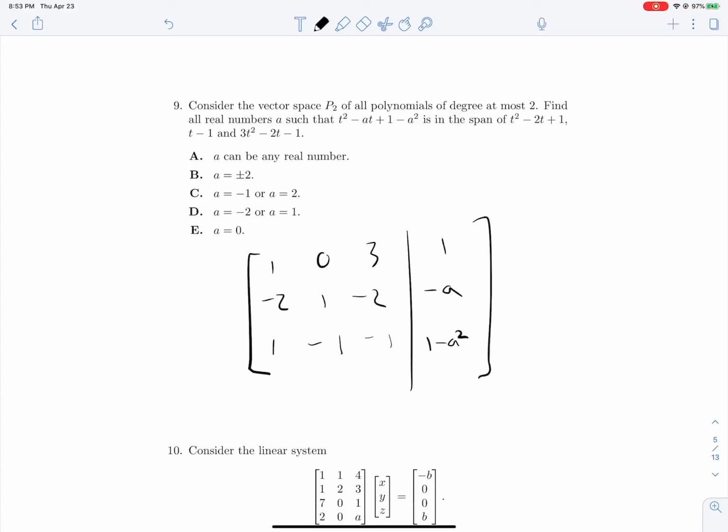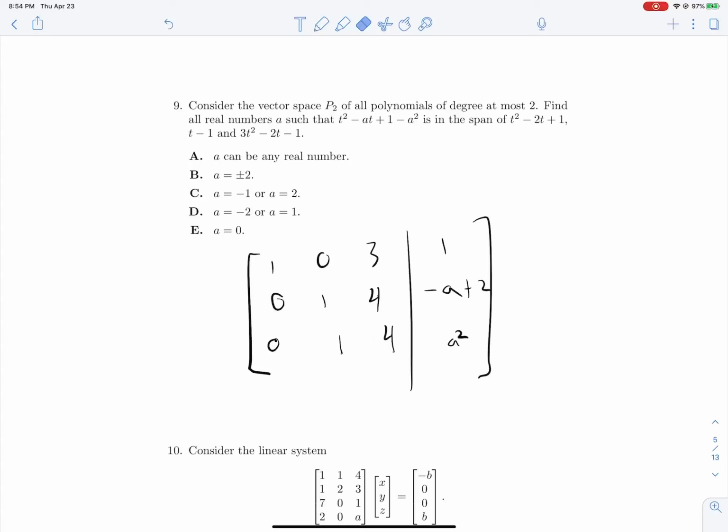Let's subtract row 1 from row 3. That gives us 0 here, -4 here, and gets rid of that. Let's add two row 1s to row 2. That gives us a 0 here, a 4 here, and a +2 there.